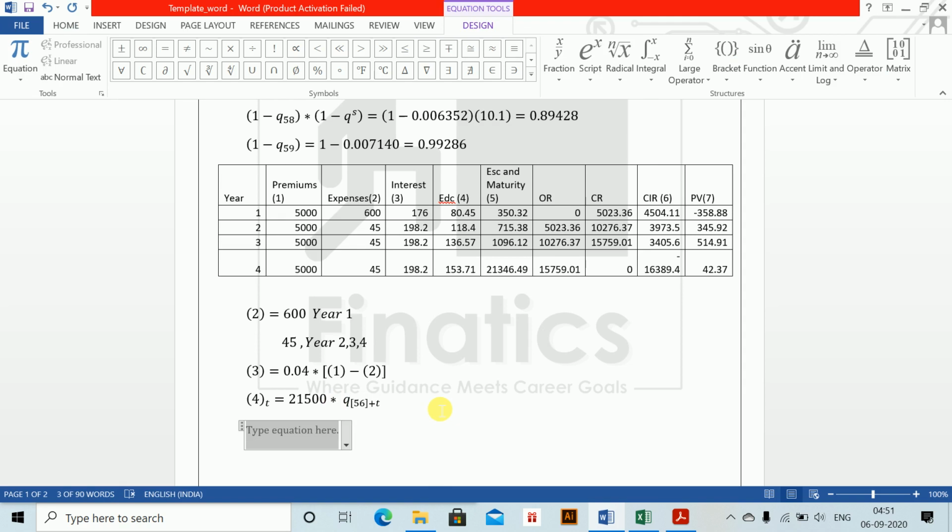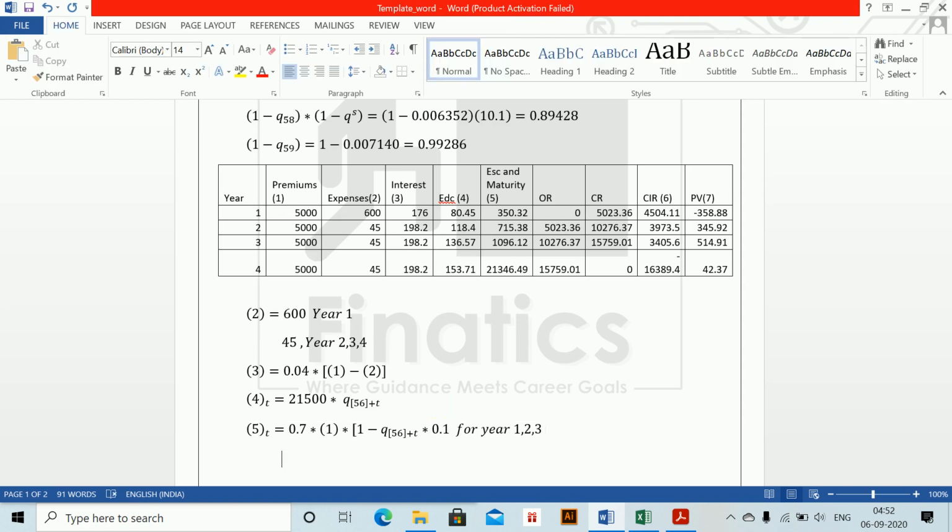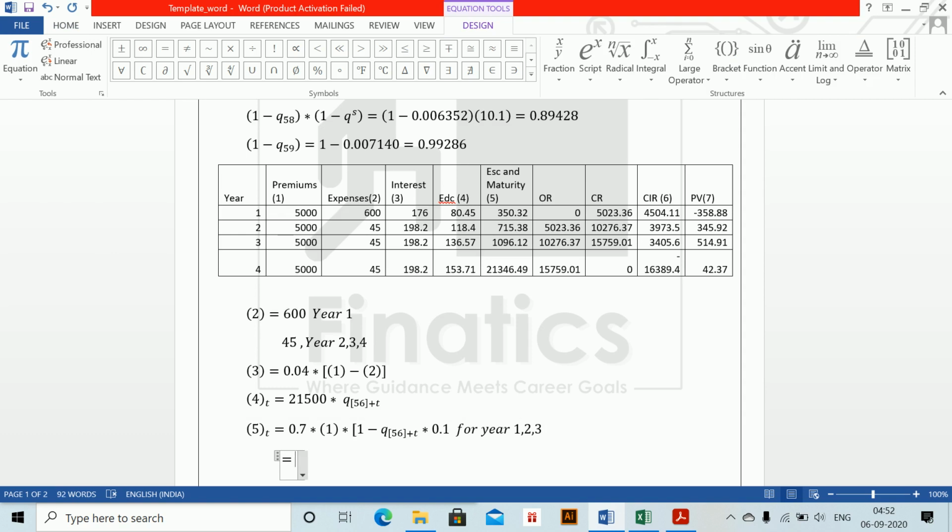Okay, and column 5 is the surrender cost, which is equal to 0.7 into 1 into 1 minus q_56+t into 0.1 for years 1, 2 and 3, and next this is equal to 21,500 into 1 minus q_54 for year 4.